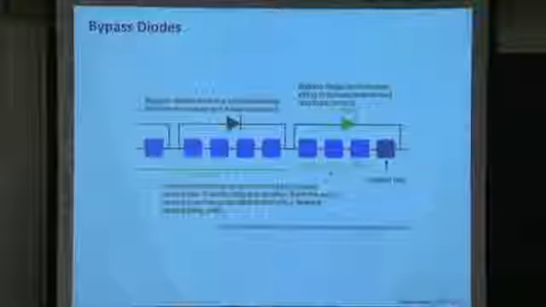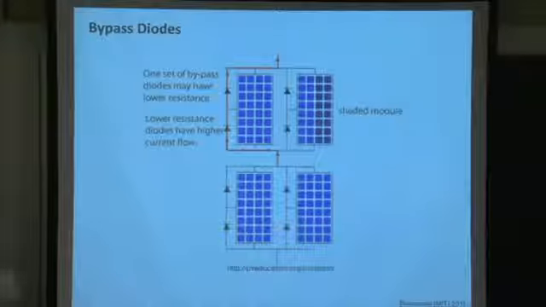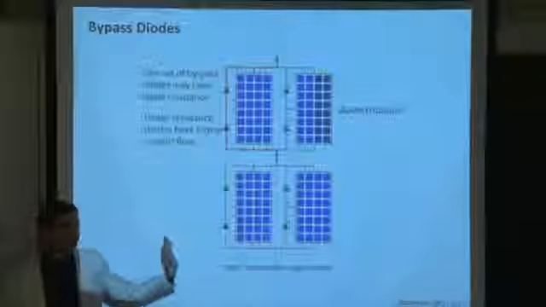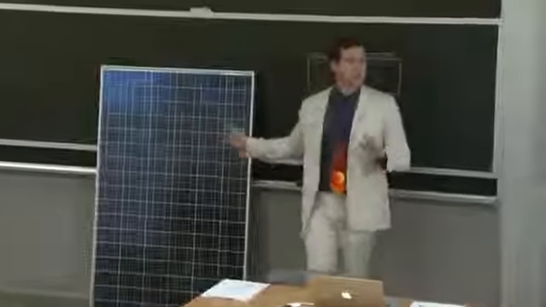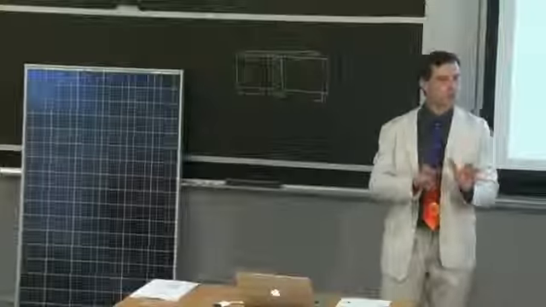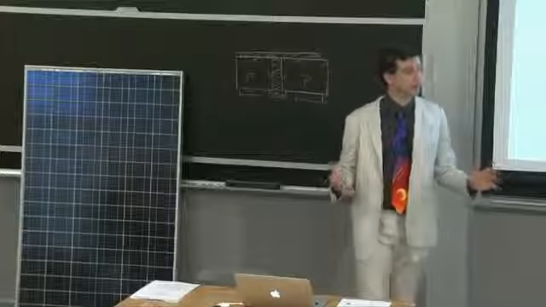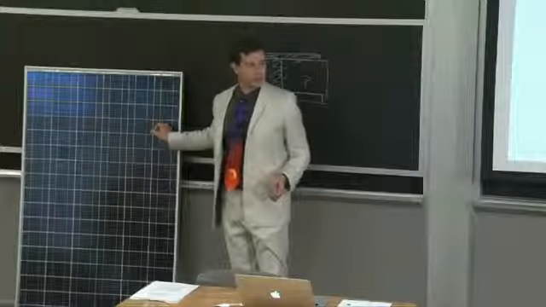Let's skip over a couple of these, I think. On a module level as well, it can make a lot of sense. And here it really does, because the shading losses on a module level tend to be more severe. You could have, for example, a tree in the wrong place or a telephone pole somewhere, shading one particular module in an array of modules. On my roof, for example, there are 12 Sharp 187s, right?